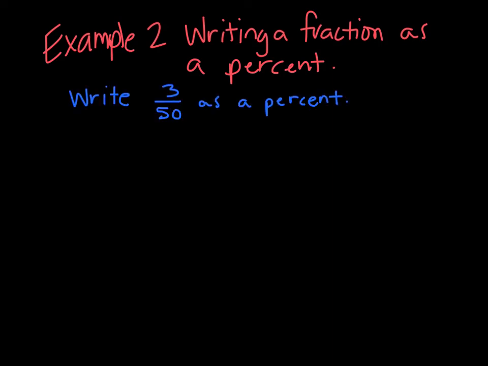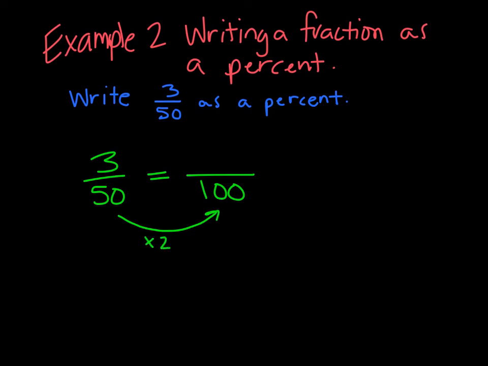The last example, example 2, is writing a fraction as a percent. My directions say write 3/50ths as a percent. So I'm going to start off with 3/50ths. The first thing I'm going to figure out is I need to get my denominator to 100. I have to make these equivalent fractions. How did I get from here to here? Well, 50 times what equals 100? 50 times 2.